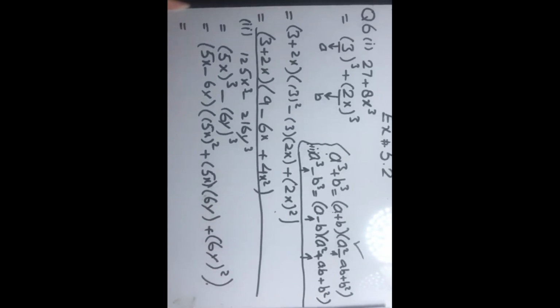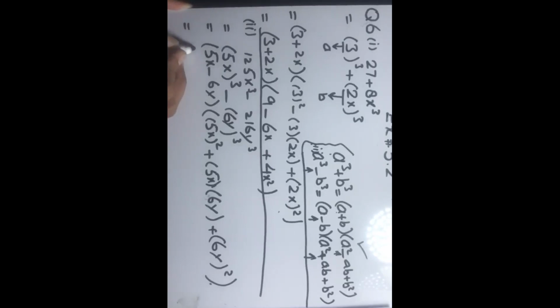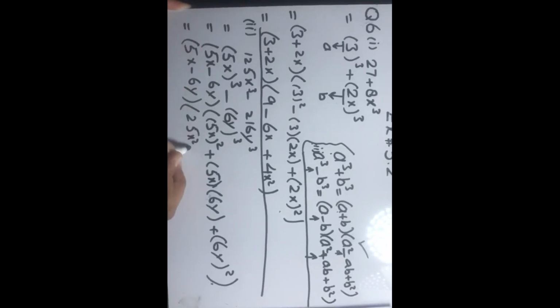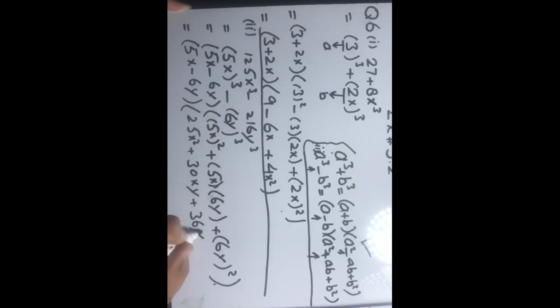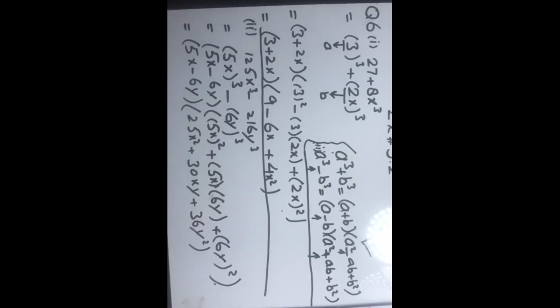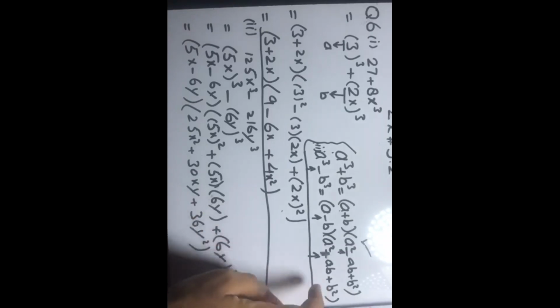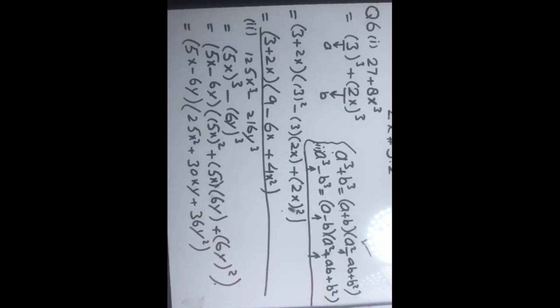In the last, we get 5x minus 6y into 5x square, that is equal to 25x square. If we multiply 5x and 6y, we get 30xy, and here we get 36y square. And exercise 5.2 is complete. In the next video, we solve exercise 5.3.